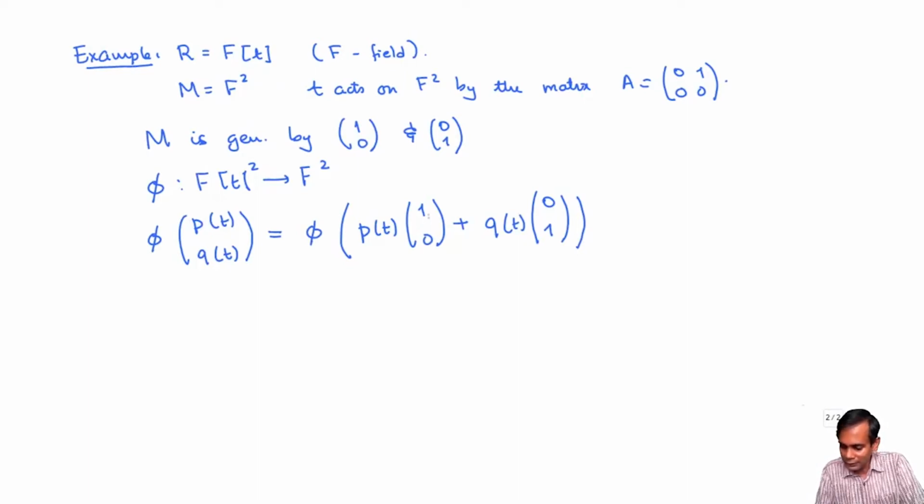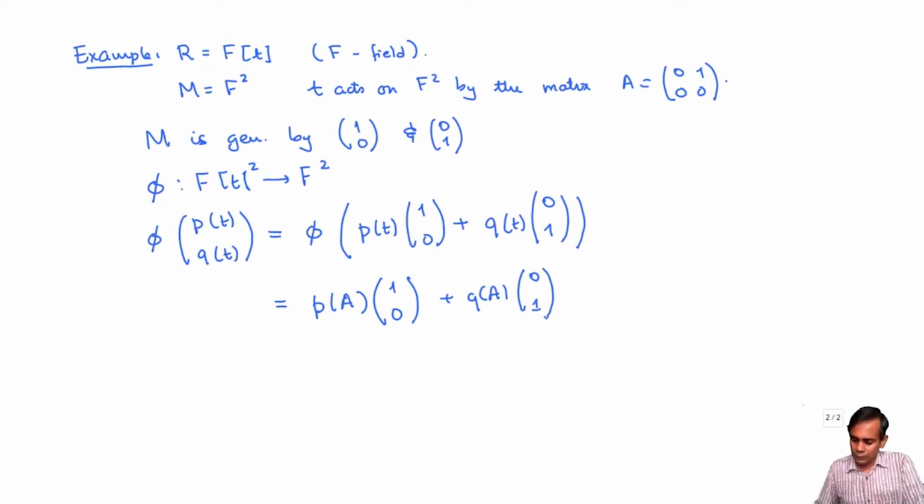So these are vectors in F[T] squared, and we'll take it to p(T) times 1, 0 plus q(T) times 0, 1. So here we'll put p(A) times 1, 0 plus q(A) times 0, 1.